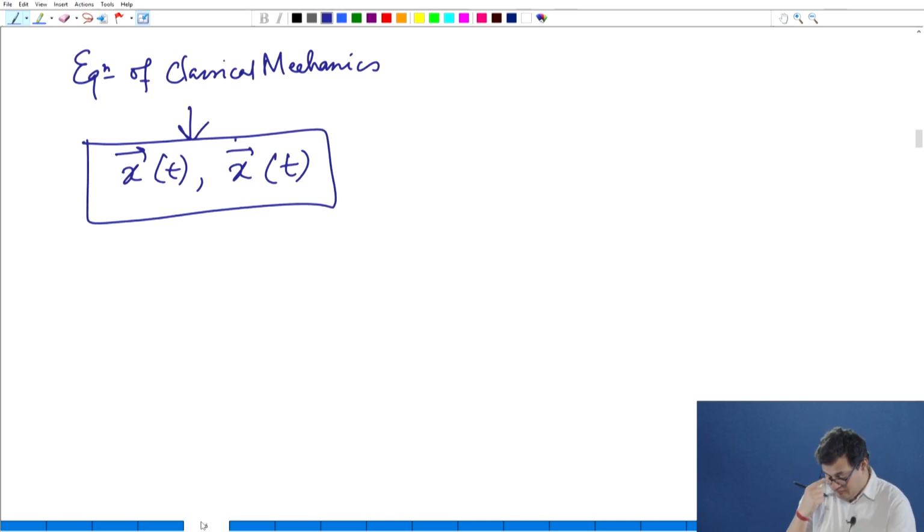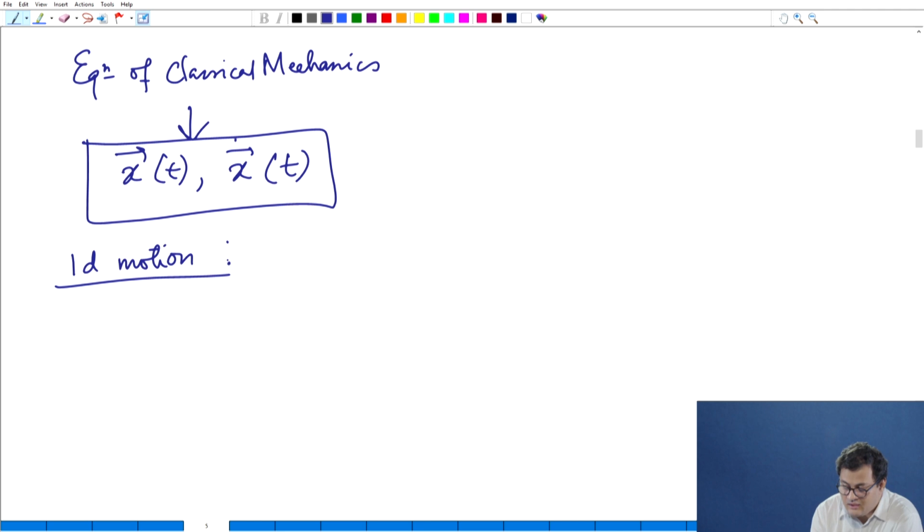Here I am starting with a very simple case of 1D motion. In classical mechanics, as we have just seen, the basic challenge is to solve a number of second order ordinary differential equations. You may say, can we not do it every time? No, it depends on the explicit form of the force F, or the acceleration here in this reduced case.